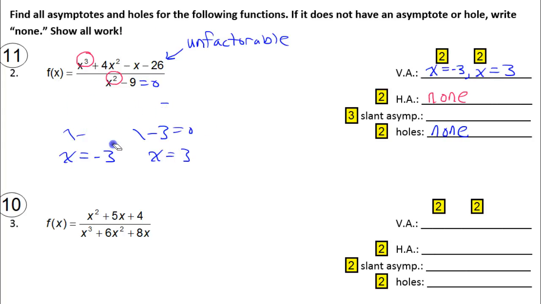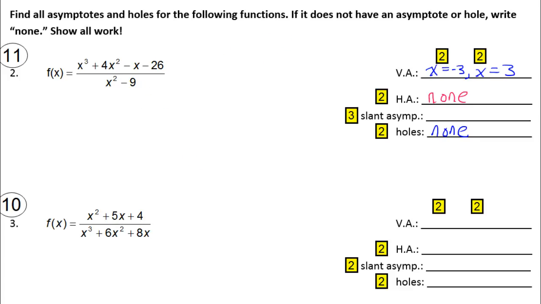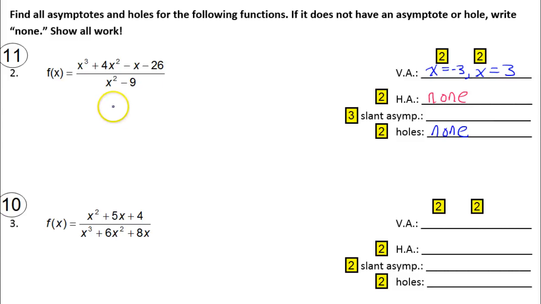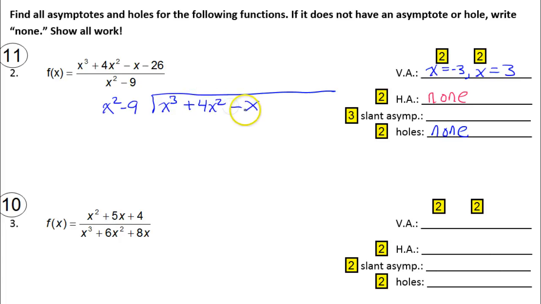Okay, I'm going to have to erase this to make space. So let's get ready to do our division. We are dividing x squared minus 9 into x to the third power plus 4x squared minus x minus 26.